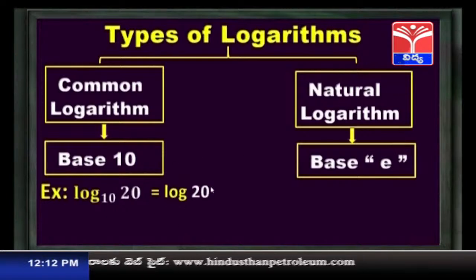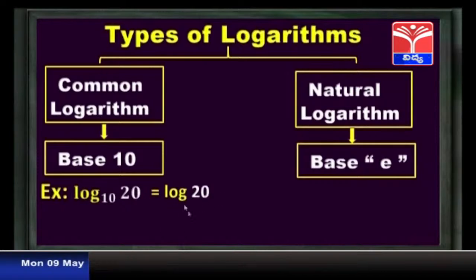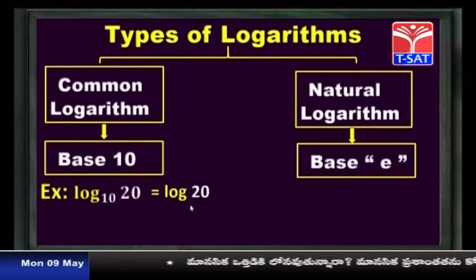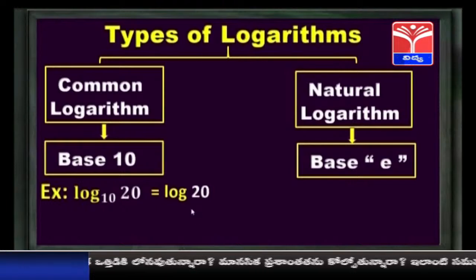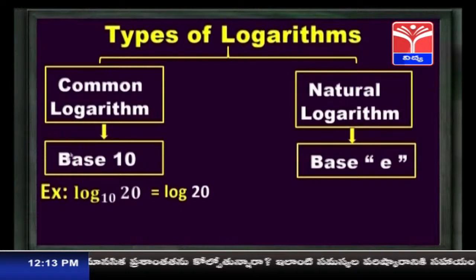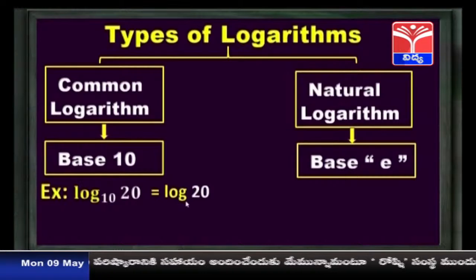Generally we take the common logarithm only like this, log 20. We don't write the base value here. If we are not writing the base value, that means an invisible 10 is there. So simply we write log 20, and we can assume that log 20 to the base 10 is there, which is invisible. So for the common logarithm, the base is 10, which we can write easily as log 20.